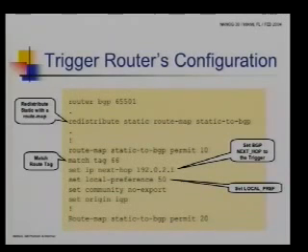Set local preference 50, so all the routers are going to respond appropriately. Set community no-export. Obviously you don't want this exporting out to your other ISPs that are listening. You just want this to occur on your network, and set origin IGP for it.